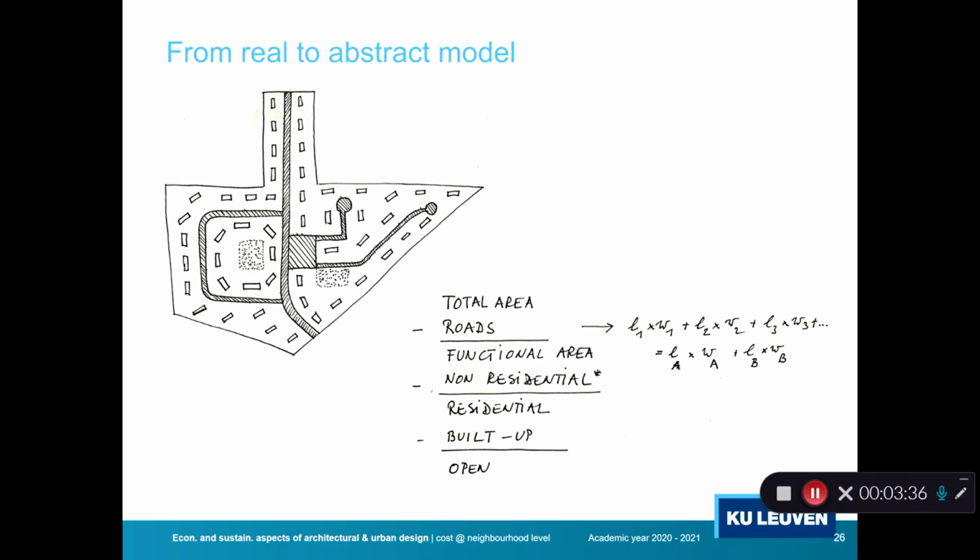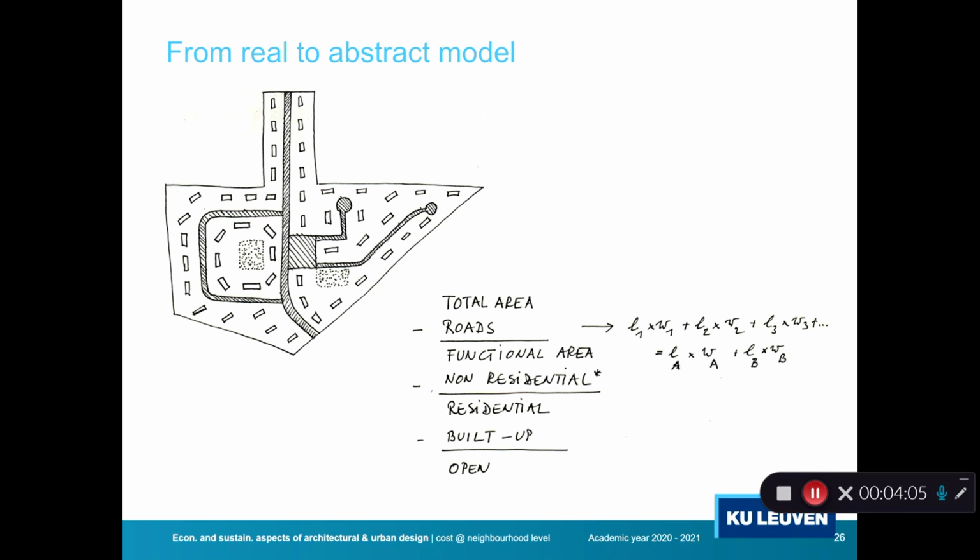Now, typically in reality, it's often a neighborhood like this. So you have buildings scattered around, not following such rectangular grids, and you have roads which are also not perpendicular to each other. So what you do is, based on the total area of your neighborhood and the amount of buildings, the square meter of buildings you have, you define plot sizes looking at an equivalent length and width which are representative for your real case.